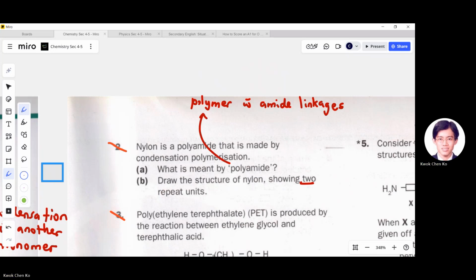Count. Done? Done? 2B. Yeah. Okay, this is fine as well. Either type of polyamide is fine. Yes, correct. So just be a bit careful. Okay, then this is 2. Okay, look at the question carefully.